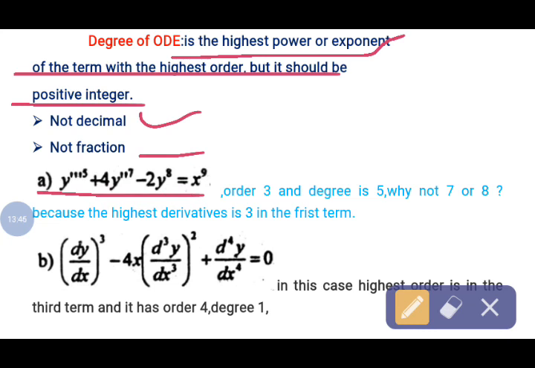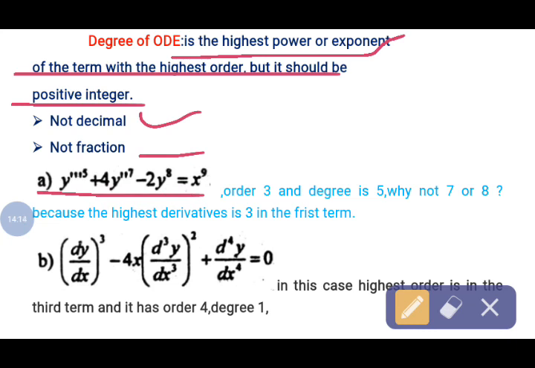But for the degree, you have to find it carefully, because the degree of an ordinary differential equation is dependent on the order of the ordinary differential equation.